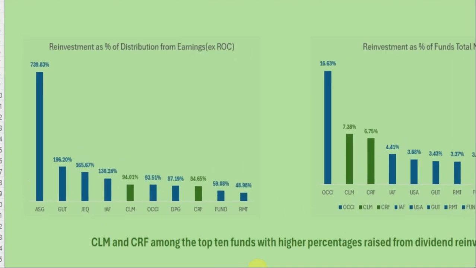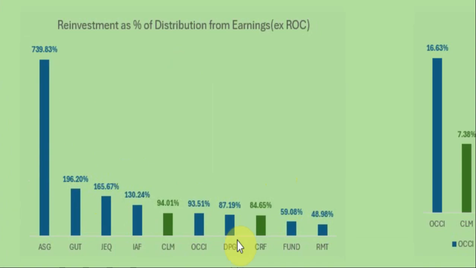On the left, you're looking at the top 10 closed-end funds with the highest reinvestment percentage in relation to the distribution minus return of capital. Initially, I was surprised to see how high the percentages were for all 10 of these funds, and I was particularly shocked at the percentage of the first four funds. If you can't see them, they're ASG, GUD, JQ, and IF.